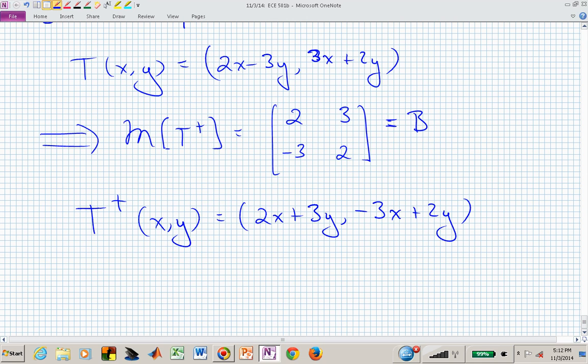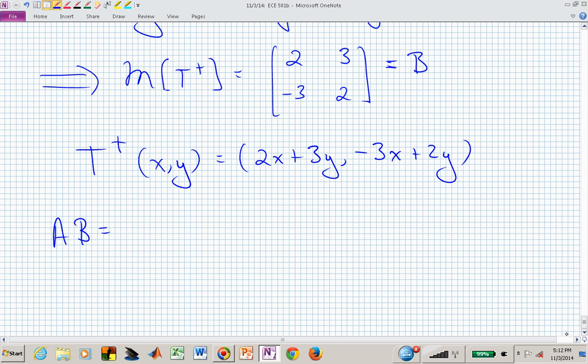And what's AB? We've already seen that T is not self-adjoint. But we're going to show that T dagger T is equal to T T dagger. So we need to show that AB as a matrix will produce the same matrix as BA, because then we could find their maps. A is 2, minus 3, 3, 2.